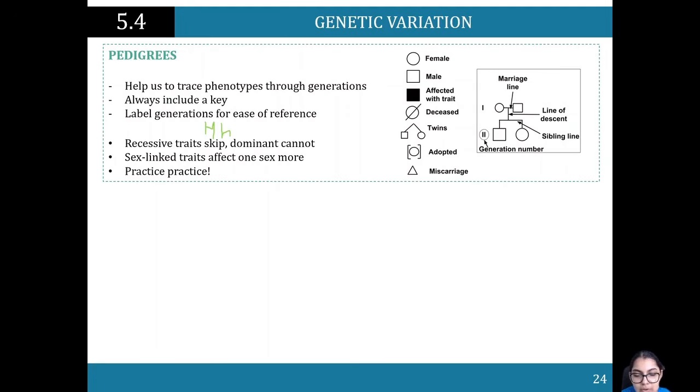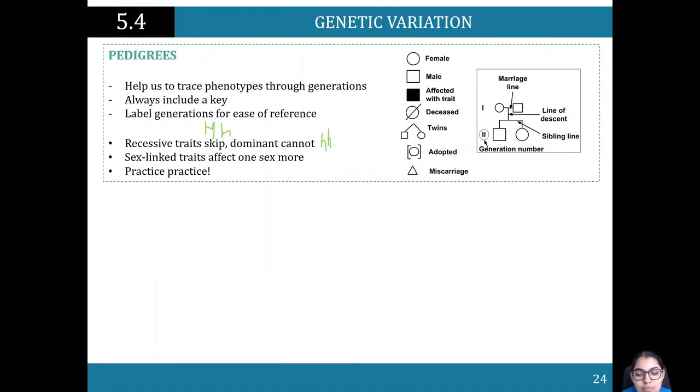So for example, if it's a recessive trait, we will say it's hh. Please pardon my h right there. There we go, hh. So there are 2 lowercase h's right there, and it is recessive. They're both going to be weaker than the capital one.